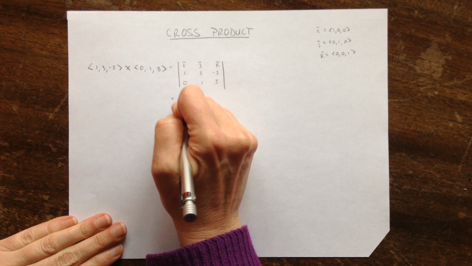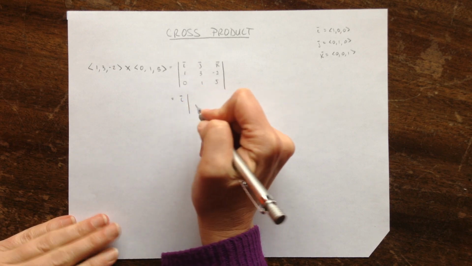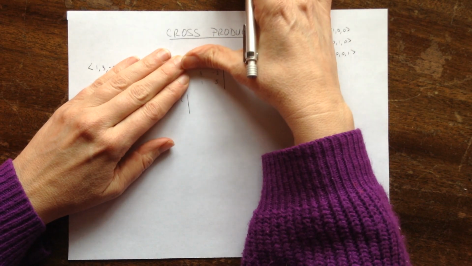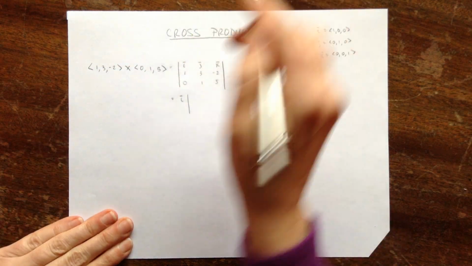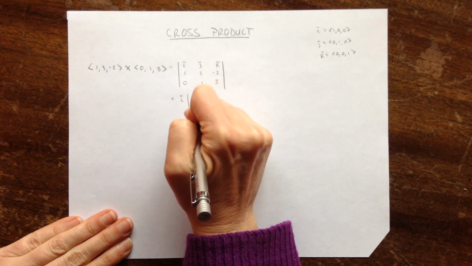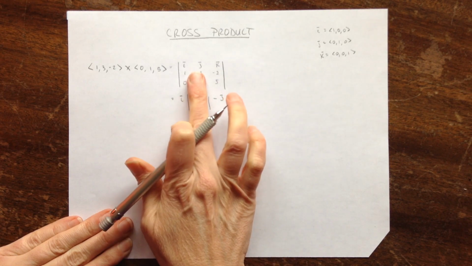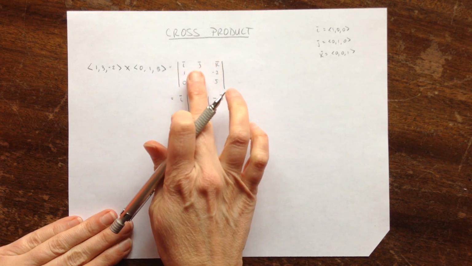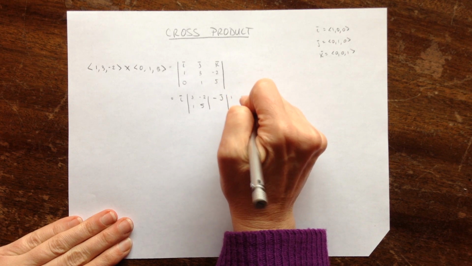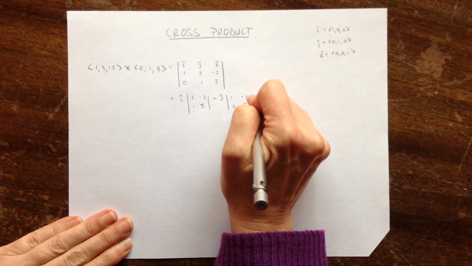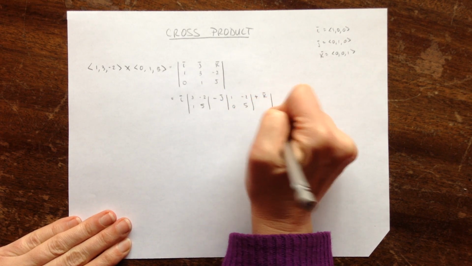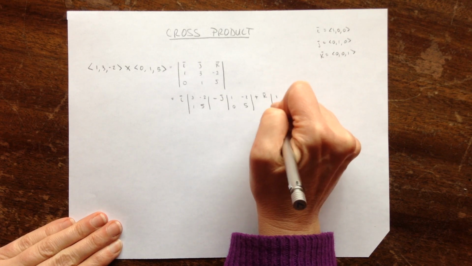So I'm going to get i times the determinant of this 2 by 2 matrix, 3, negative 2, 1, 5, minus j times the determinant when you get rid of the first row and second column, which would be 1, negative 2, 0, 5, plus k times the determinant of 1, 3, 0, 1.